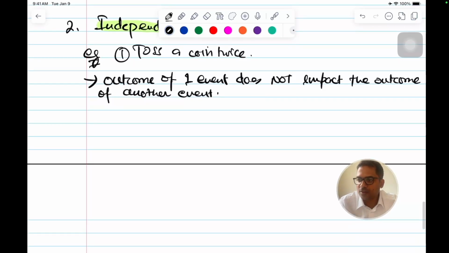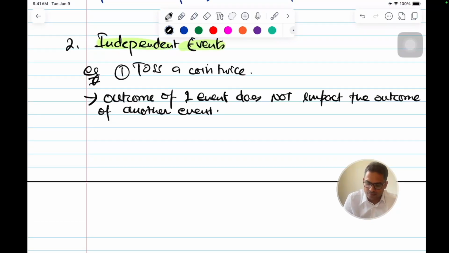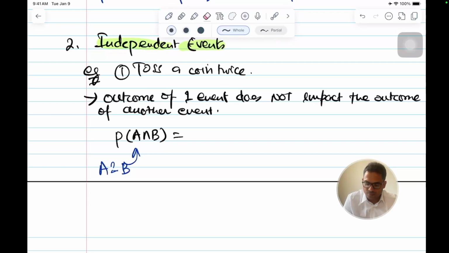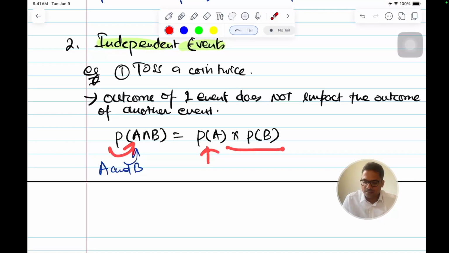Similarly, what will be the probability of A and B? This is the probability of A and B. Because both are independent, it is given by probability of A times probability of B. Because these two are independent, there is no relation between A and B, so there is no impact.